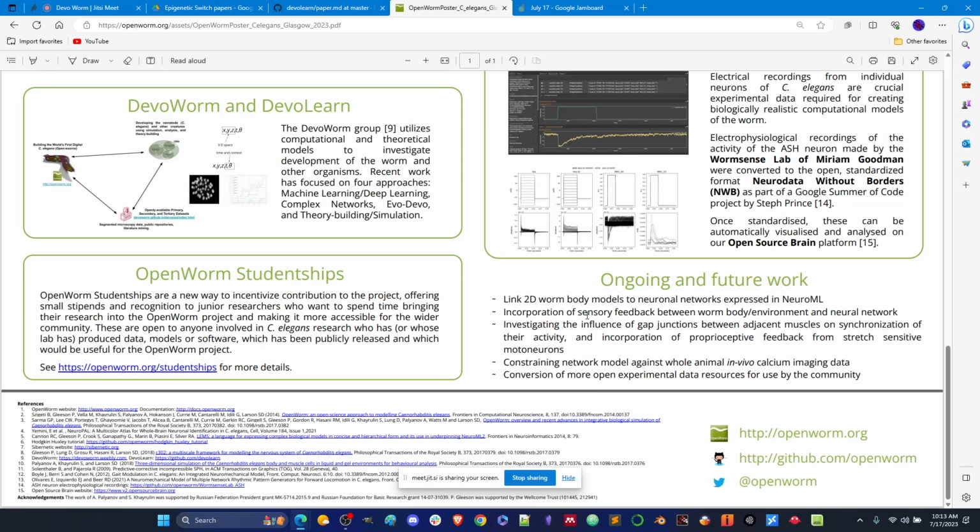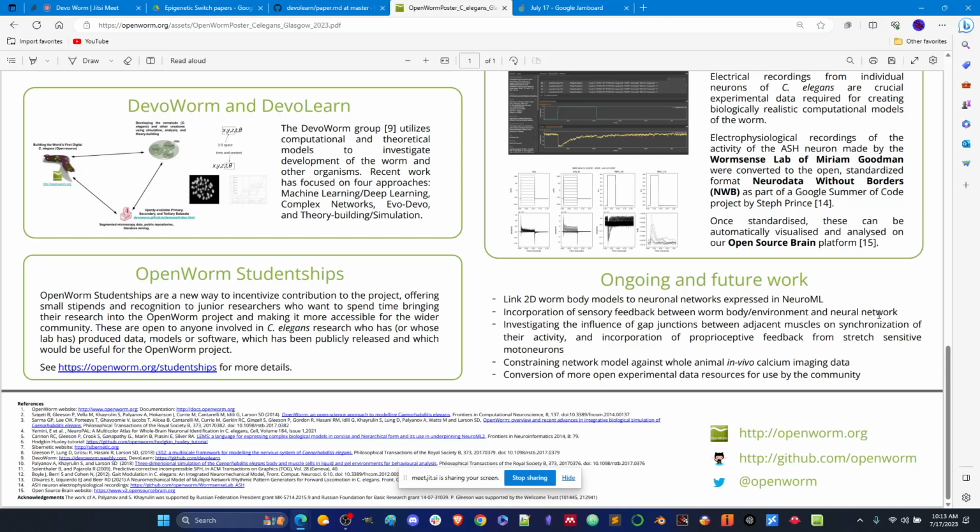And then there's future work to be had. There's a lot of stuff. There's modeling things in NeuroML, which is a type of XML, so it's like a markup language for the connectome. Incorporation of sensory feedback between worm body, environment, and neural network.